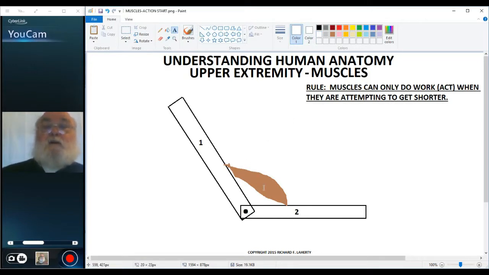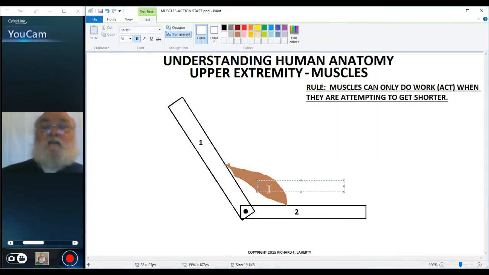And let's just call this muscle A. Muscle A is a flexor.